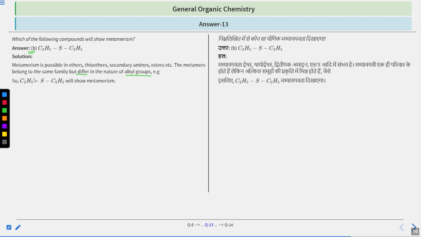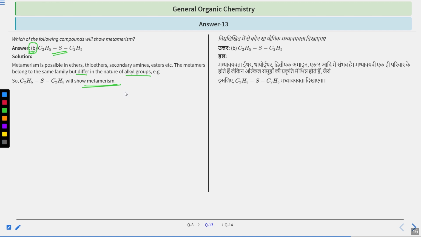For example, C2H5SC2H5 will show metamerism. As it belongs to thioethers, this is the compound that will show the property of metamerism, and thus option B is the correct answer.